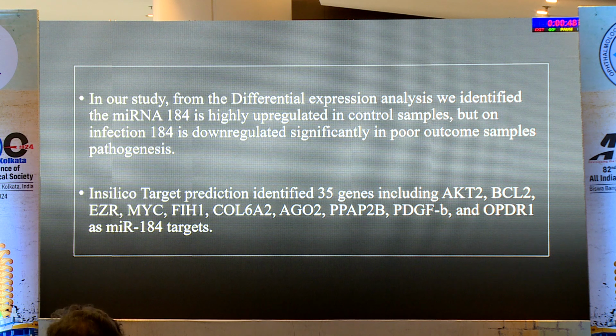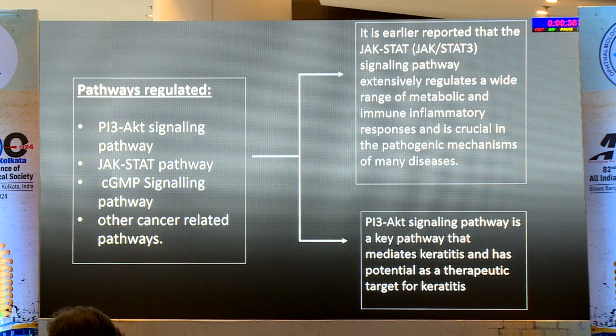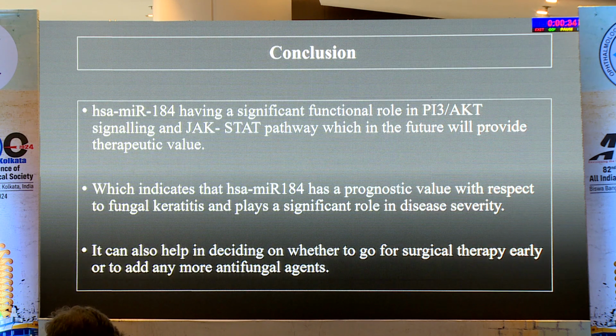In our study, the differential expression analysis identified that miRNA 184 is highly up-regulated in control samples but down-regulated in poor outcome ones. JAK-STAT and PI3K pathways were significant. So we conclude that it has a significant role in these two pathways, which will provide therapeutic value in future.